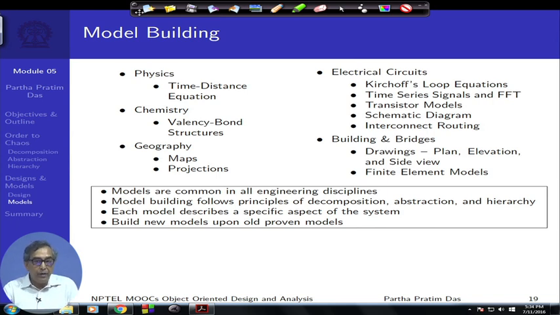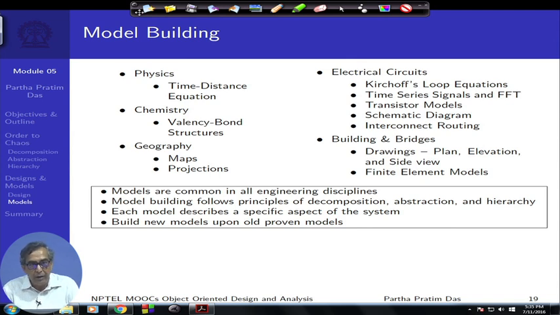So, models are common in all engineering disciplines, and this is a big advantage, because we all have had a lot of experience dealing with models of a variety of kinds. Maybe the only thing that was missing is we were not repeatedly told that what we are doing is a common, cross domain activity of taking concepts and modeling them, solving the problem in the domain of the model and bringing the result back to the real world.